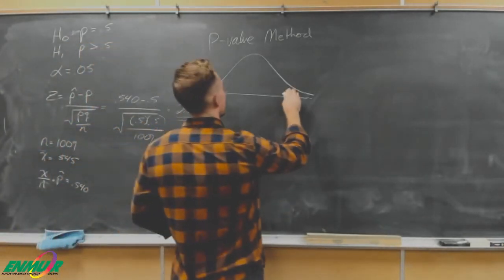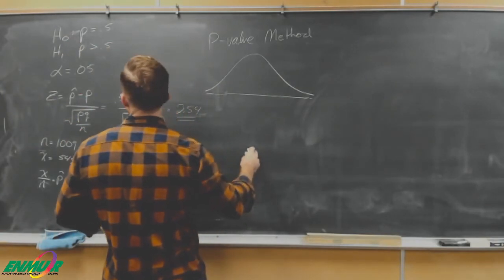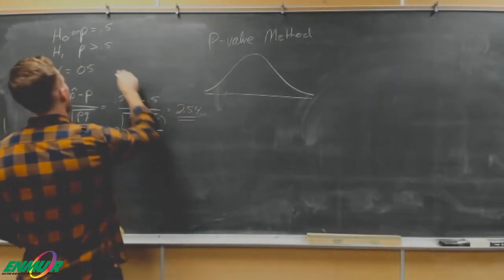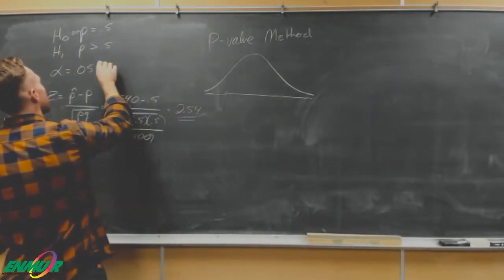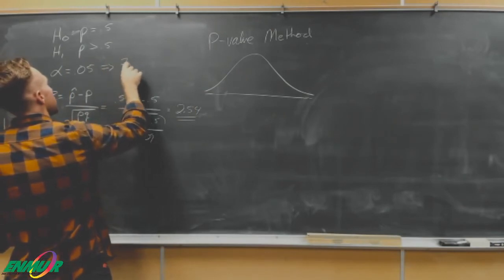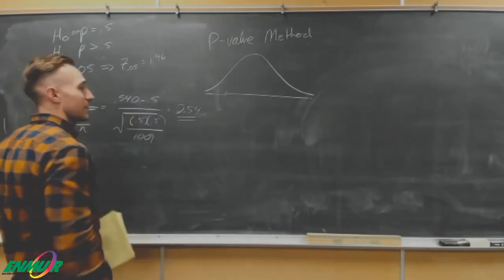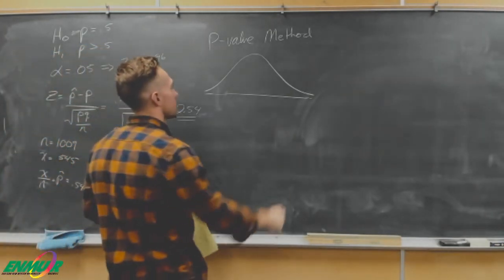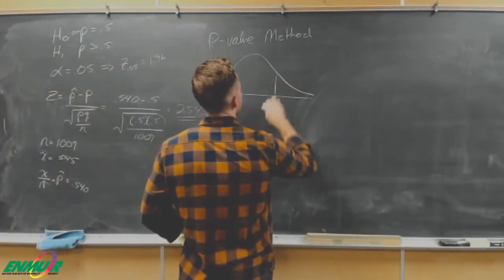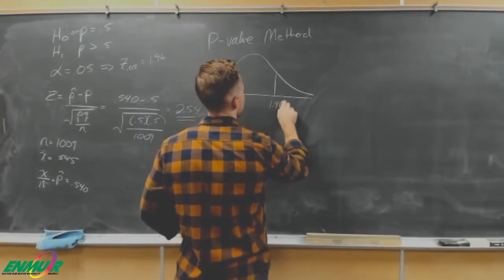So we've got our critical value associated with 0.05. So z of 0.05 is equal to 1.96. So let's say that 1.96 is right here.